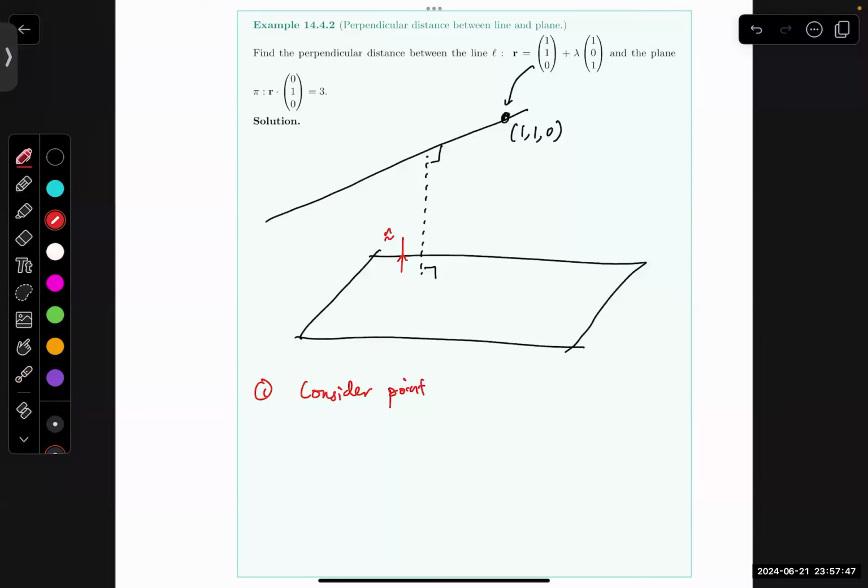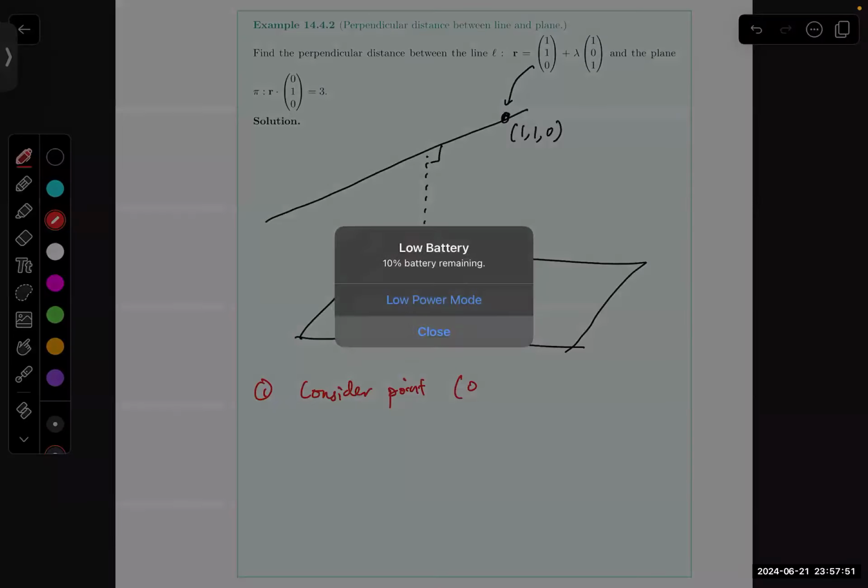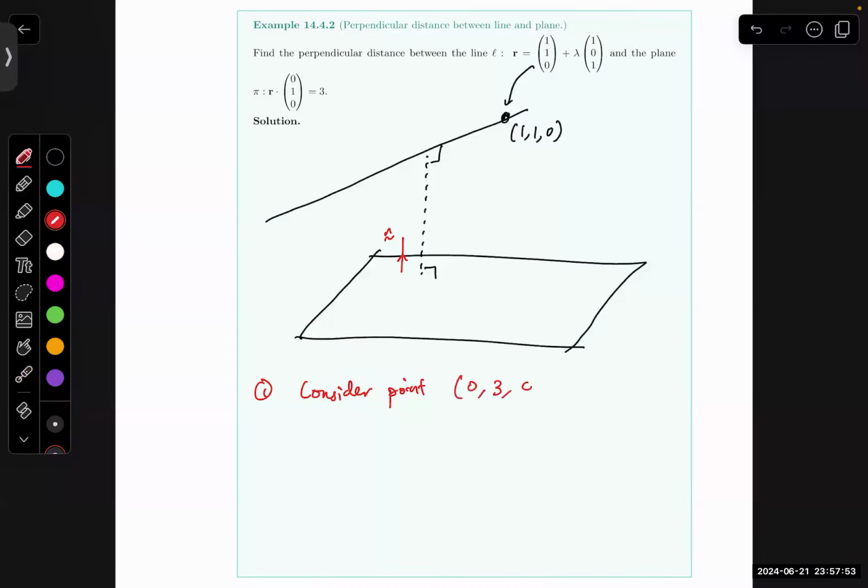So consider the point, for example, 0, 3, 0. The dot product is indeed 3. Therefore, 0, 3, 0 lies in plane pi.